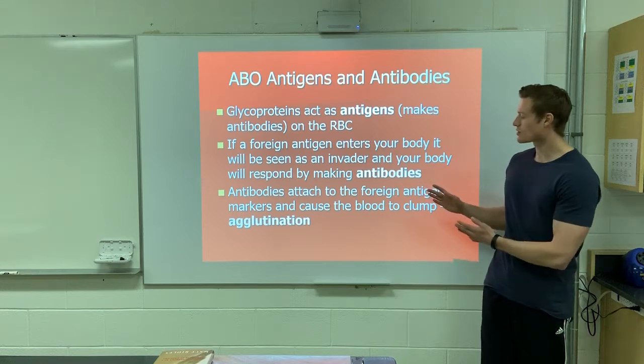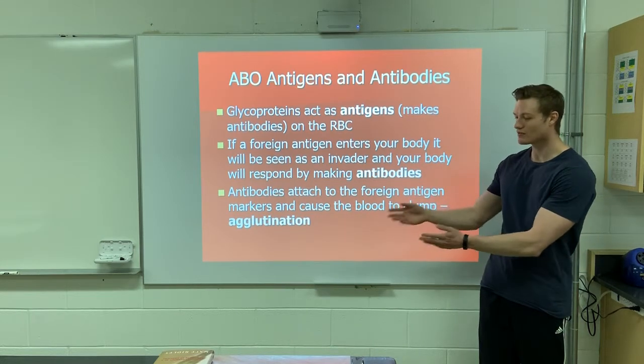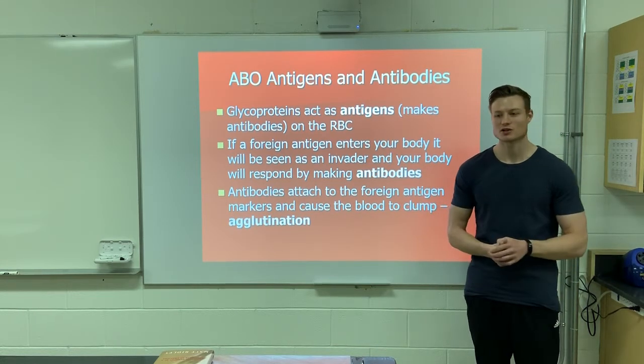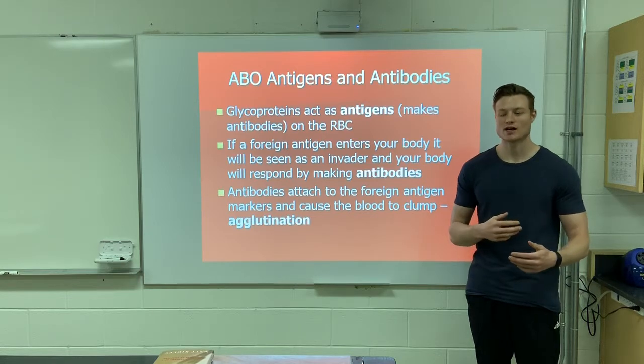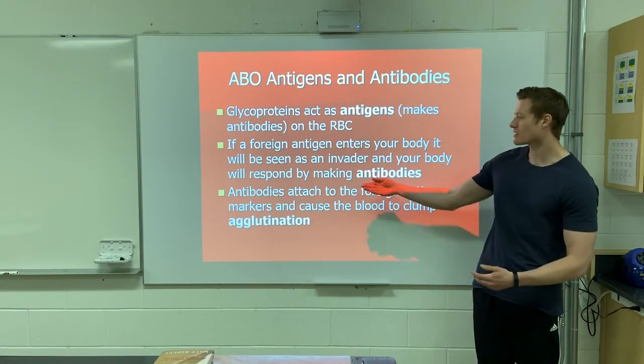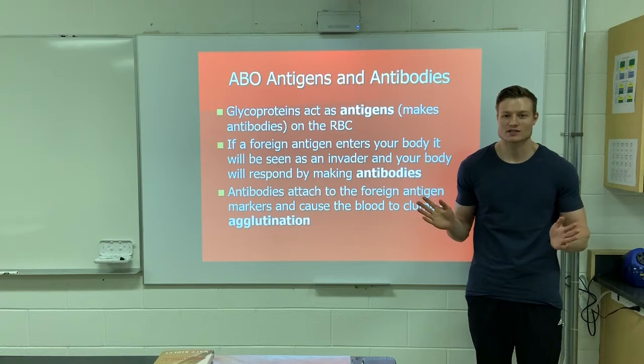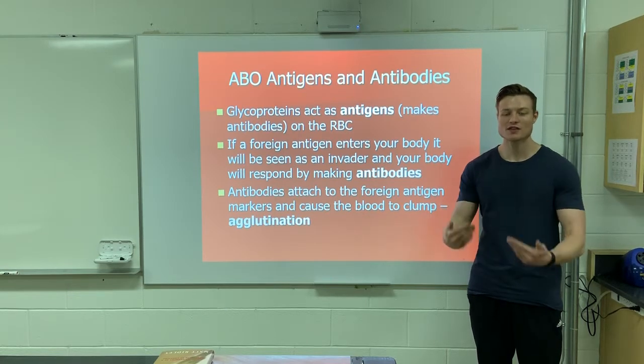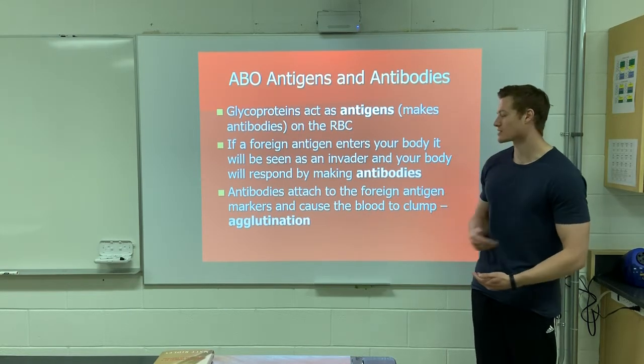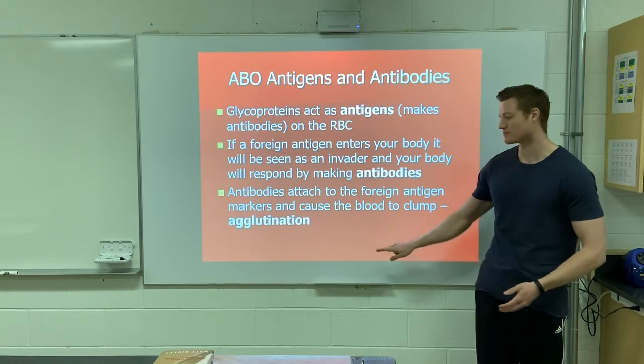So that would explain why some people were living and some people were dying in those early blood transfusions, right? Someone would have type A blood, they'd be given type B blood, their body had never seen this B marker before, thinks it's a foreign invader, and then goes ahead and attacks it, causing agglutination.